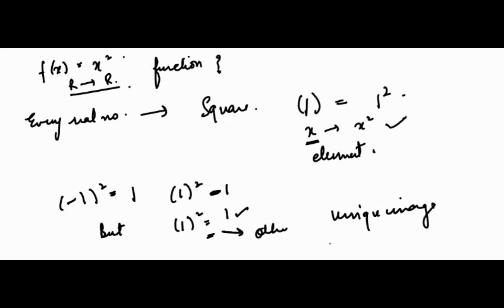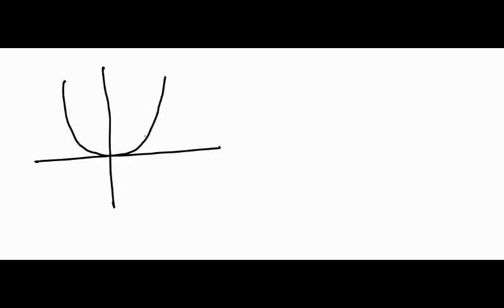So yes, this relation is a function. Also, if we see this with the help of a graph, the graph of f of x equal to x square will be somewhat like this. And here, for every value of x, you will have an image, and that too unique.